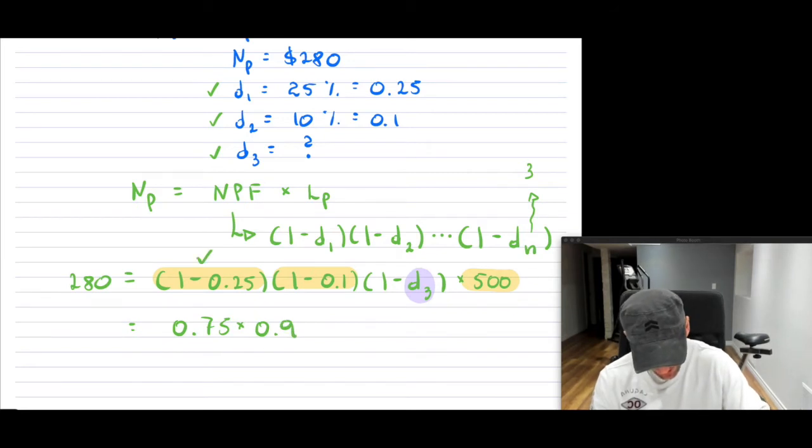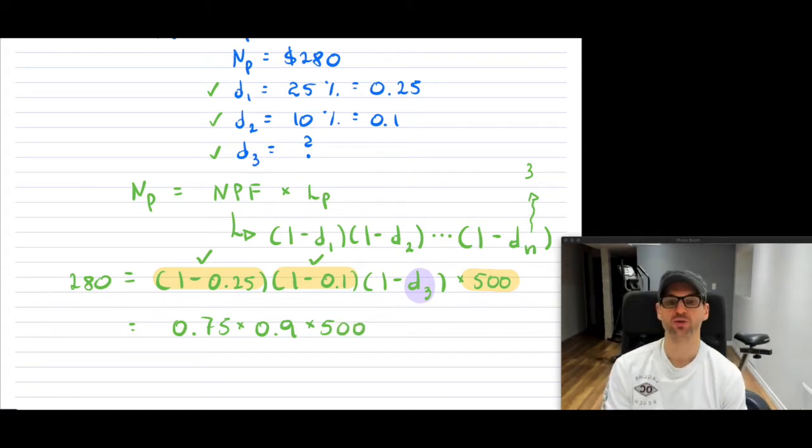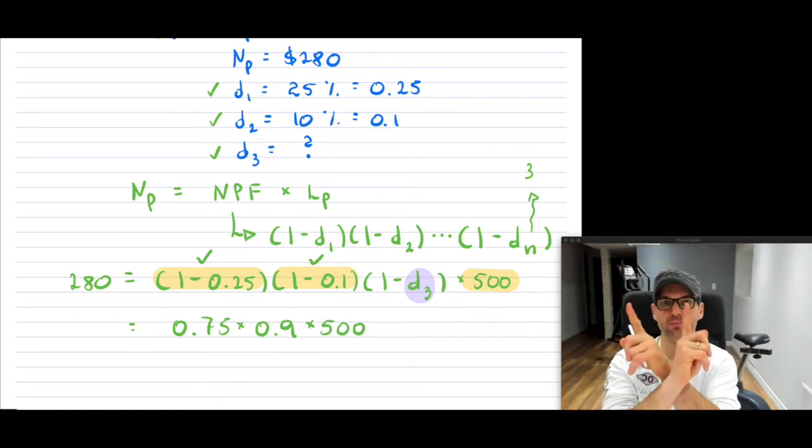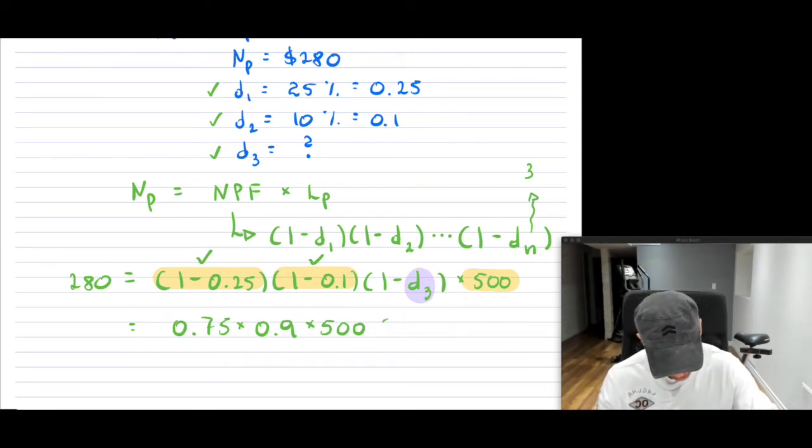That's this and this. Now I'm going to bring the 500 here because it's just multiplication. I can swap the 1 minus D3 bracket with the 500. It's like saying 2 times 3 is the same thing as 3 times 2; the order you can just change. And then at the end, I'm going to multiply by 1 minus D3.